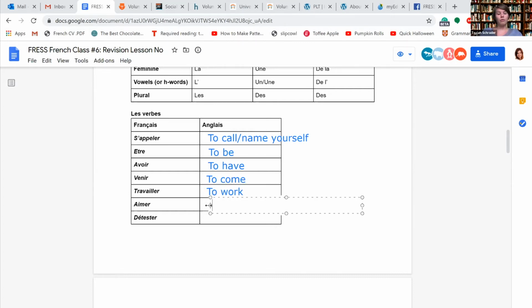Then you have aimer, which is to like. And the last one is détester, which is to dislike or to hate something, or just to hate, I guess.